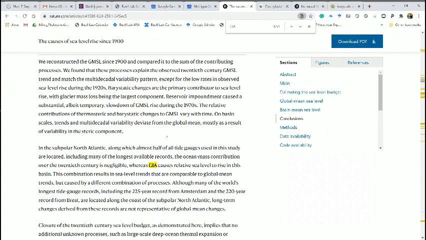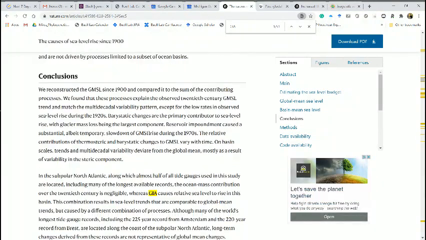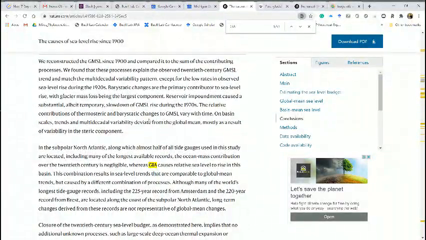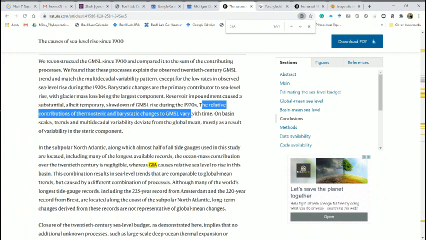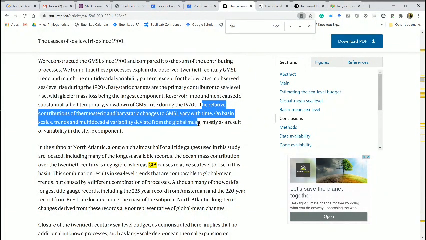So let's see, what are their conclusions? The relative contributions of thermosteric and barystatic changes to global mean sea level rise vary with time. On basin scales, trends and multi-decadal variability deviate from the global mean mostly as a result of variability in the steric component.